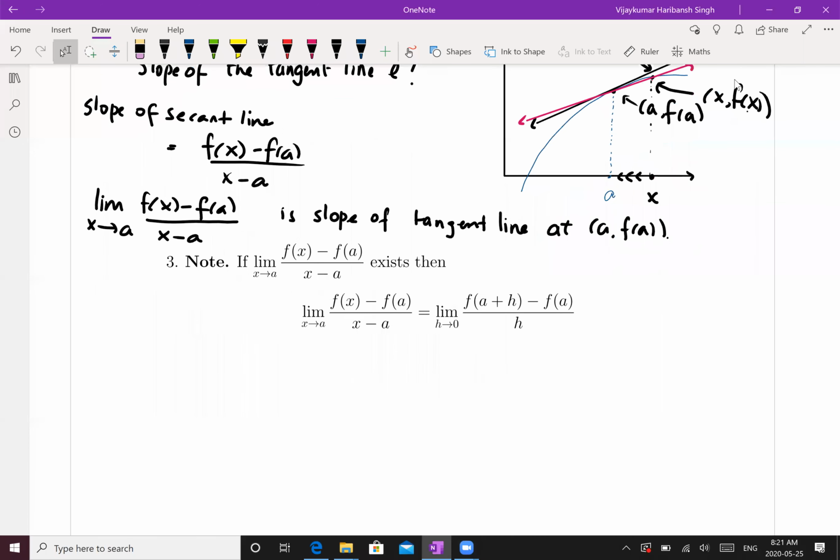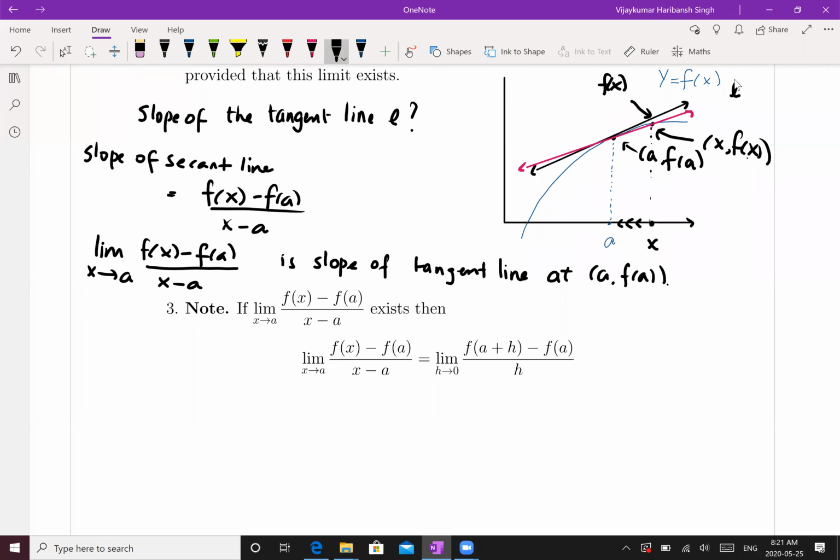We can rewrite the same thing as follows. If this distance is h, or the difference between a and x is h, then we have x equals a plus h. Note that h can be positive or negative depending on which side of a your x is.